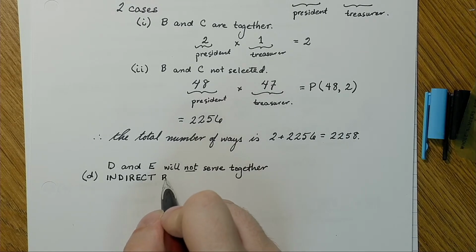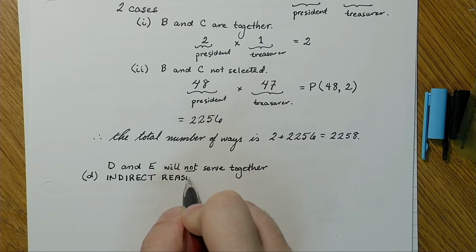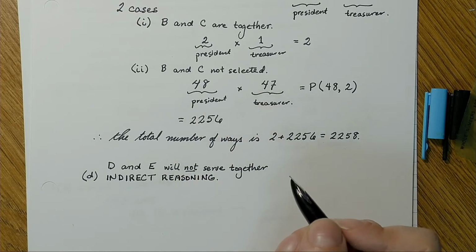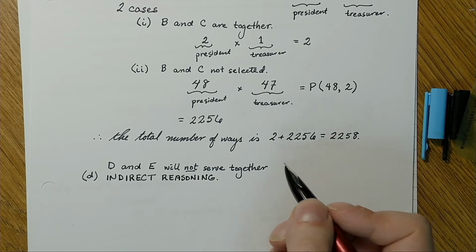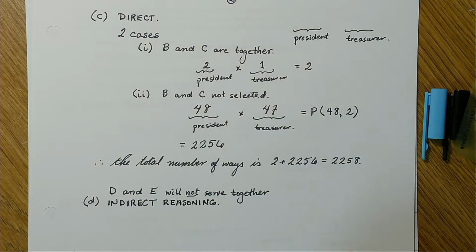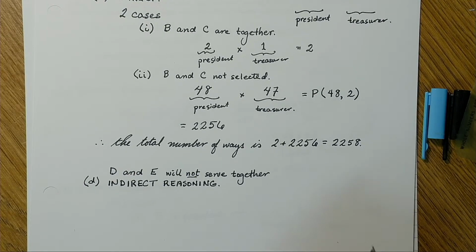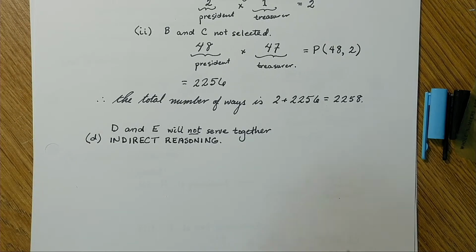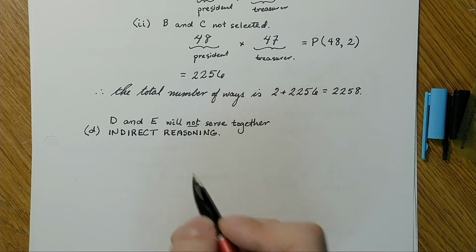Indirect reasoning. Direct reasoning is like ordering the pizza the way that you want it. Indirect reasoning is somebody else ordered the pizza and you're picking off the toppings you don't want.